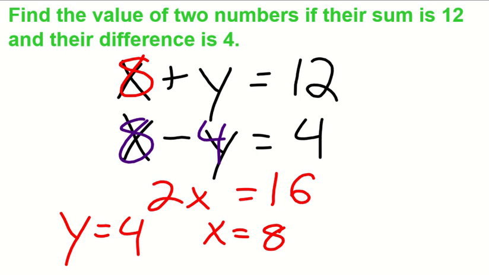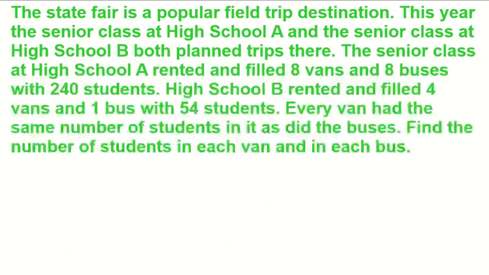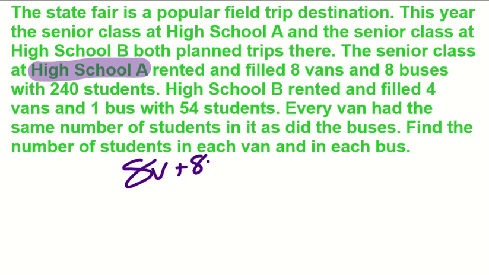Any questions on that? All right, let's look at a trickier one. We've got the senior class at high school A and the senior class at high school B going to the state fair. At high school A, they're filling 8 vans and 8 buses with 240 students. So for high school A, we have 8 vans plus 8 buses, and that's 240 students.